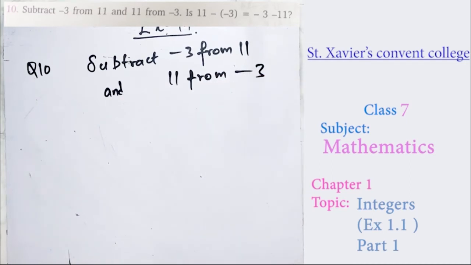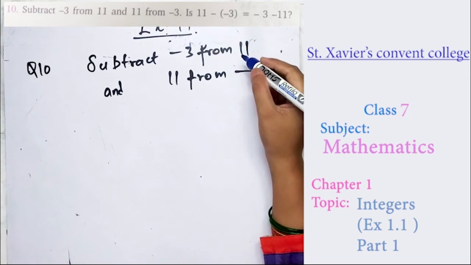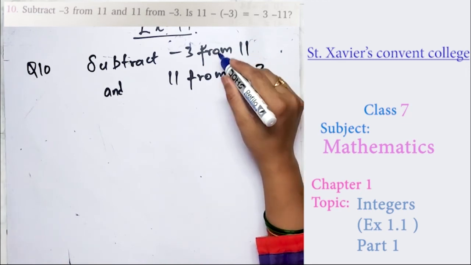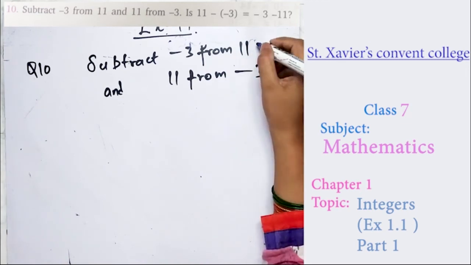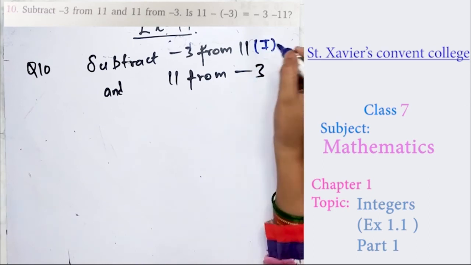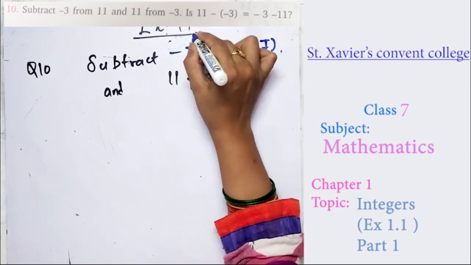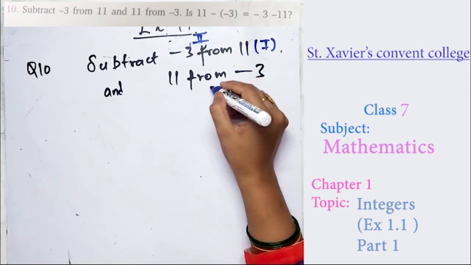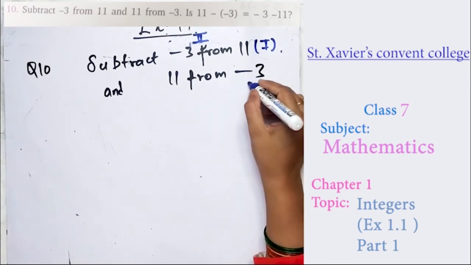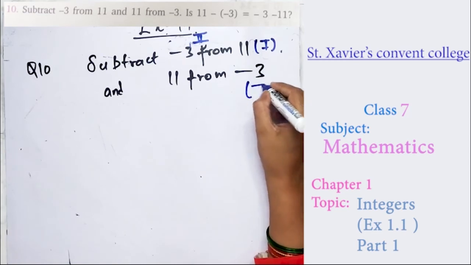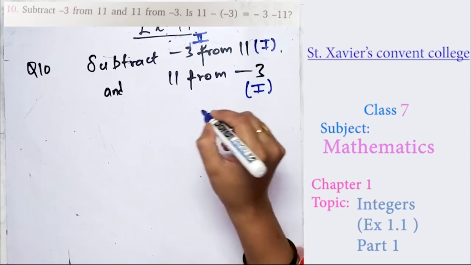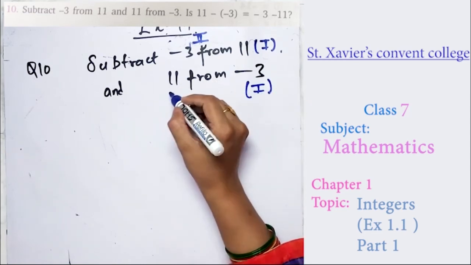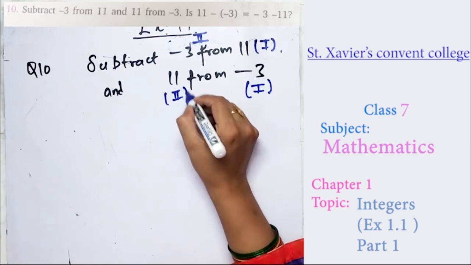A number which comes after 'from' is taken to be in the first position, and a number which comes before 'from' is taken to be in the second position. Here also, the number after 'from' is in the first position, and the number before 'from' is in the second position.